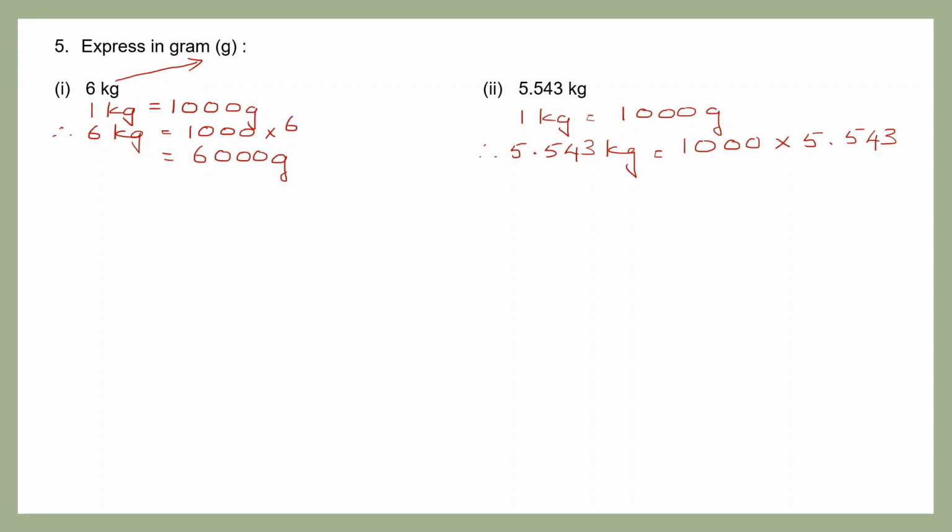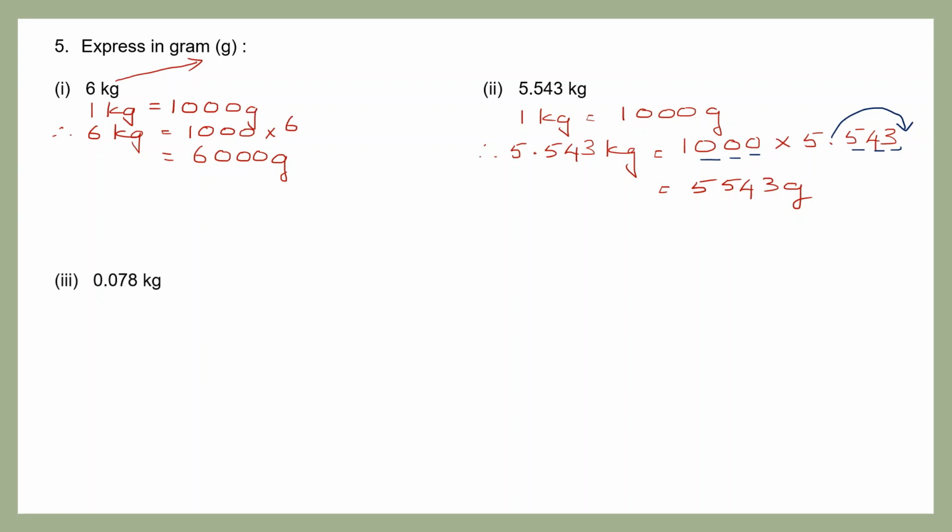When you multiply a decimal number by 1000, since there are three zeros, my point will move three places to the right and come here. So let me write my answer. That will be 5543.0 or 5543 grams.